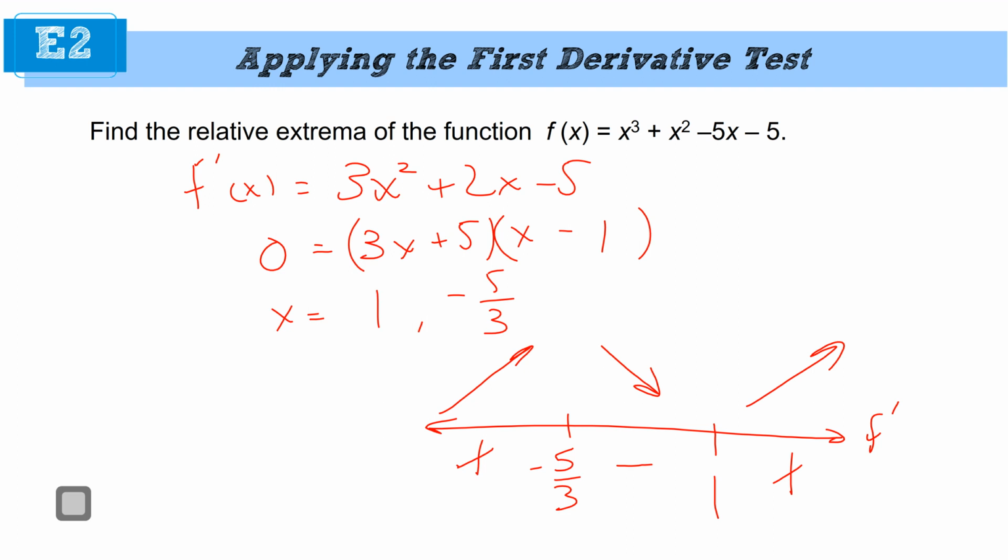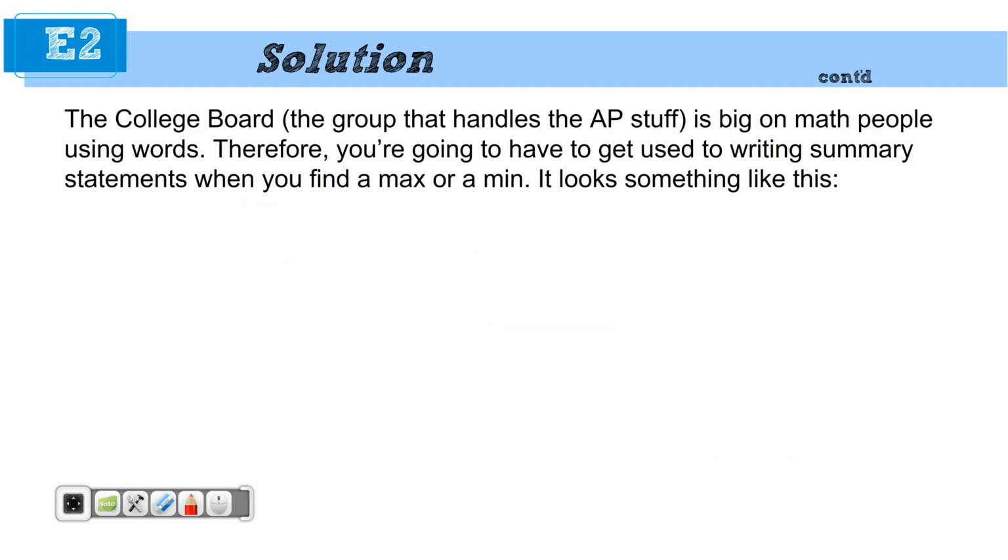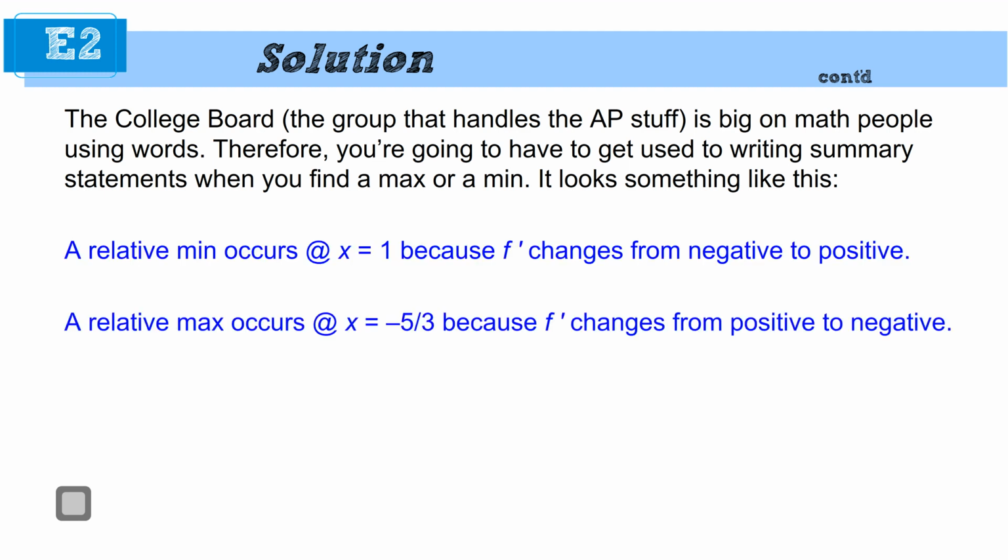One last thing. Well, a couple last things, but before I move on to the next problem, I do want to mention that the College Board, people that give you the AP test, they're really big on mathematicians using sentences. So when you do a problem like this, they're going to require that you summarize it with a sentence, and those sentences should look something like that. That sentence tells the reader, aka the grader, that you know exactly what you're talking about.